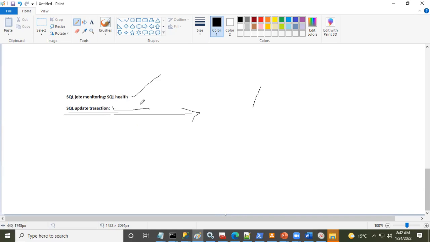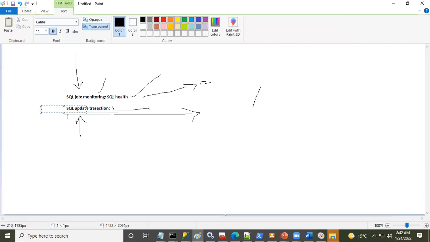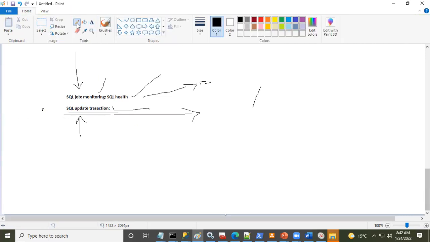How to decide that? I can set the deadlock priority for this particular execution, transaction or job, then this will be killed. So this will have a low priority and this will have a high priority. In SQL Server, all are the same priority, that is 7, the normal priority. If you set the low priority, it is lower than 7, it can be 6, 5, whatever priority level.